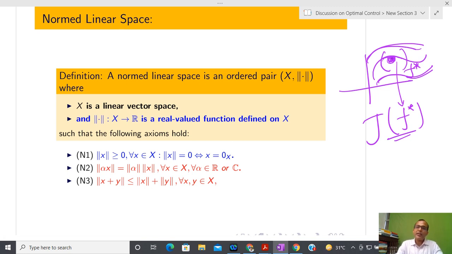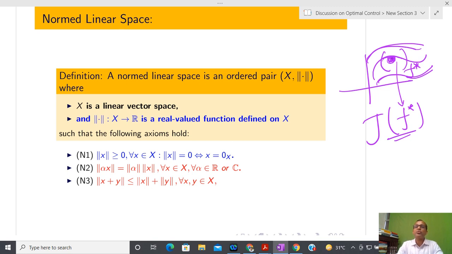Because if I have a two dimensional space and I identify two vectors, 1 0 and 0 1, the basis vectors, then I can move in the whole space. So using vector space, I can talk about linear dependency, linear independency, span, basis or dimension, these kinds of concepts.